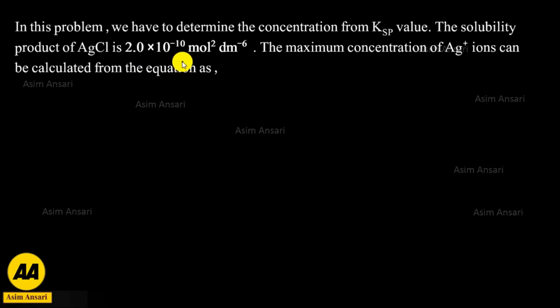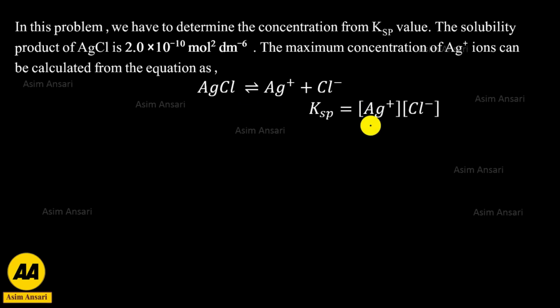In this problem we have to determine the concentration from the Ksp value. The solubility product of AgCl is 2.0 times 10 raised to power minus 10. The maximum concentration of silver ions can be calculated as follows: silver chloride dissociates into silver ion and chloride ion, and Ksp is equal to the concentration of silver ion multiplied by the concentration of chloride ion.